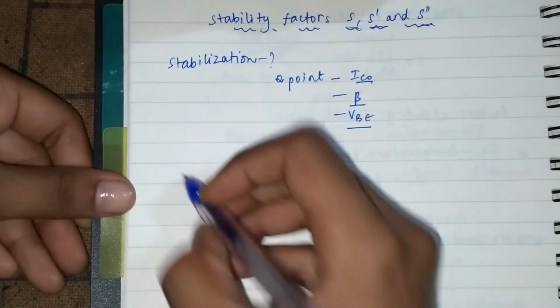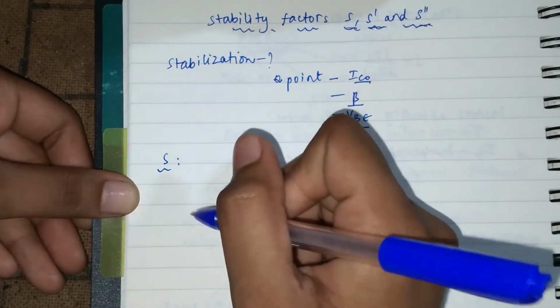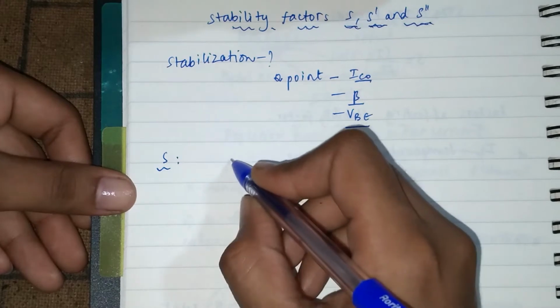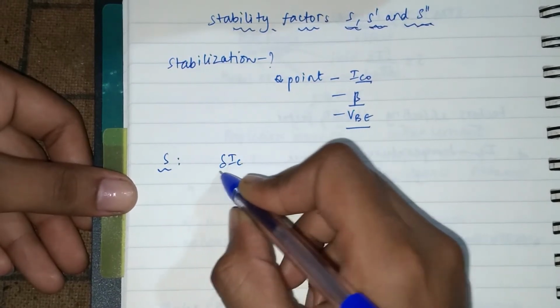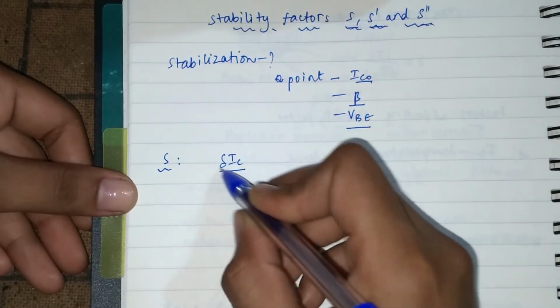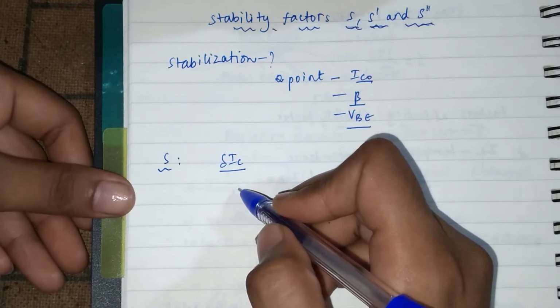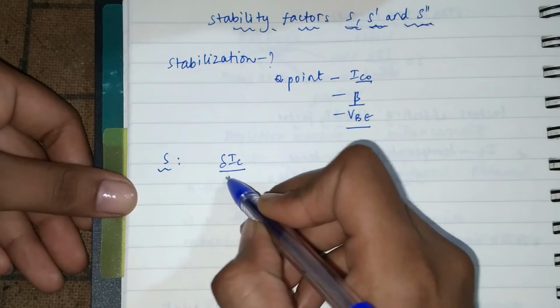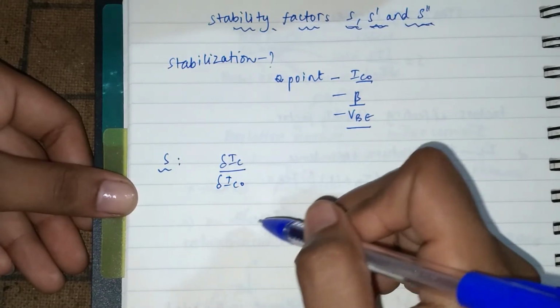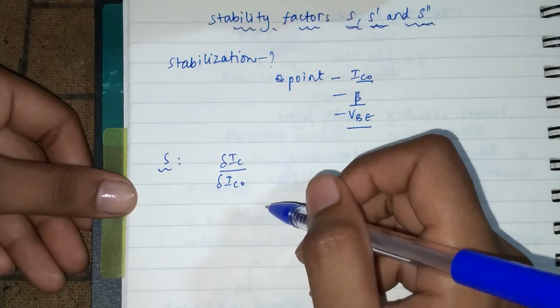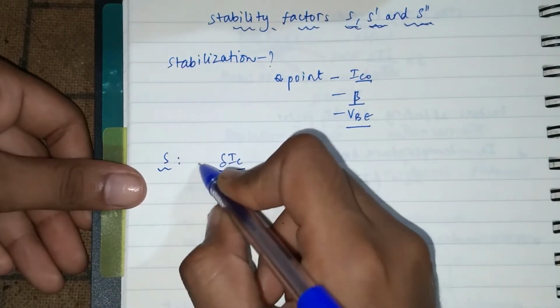The rate of change of collector current IC, that is delta IC, with respect to collector base leakage current ICO, at constant values of VBE and beta, is called stability factor S.